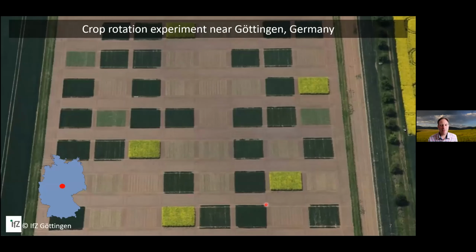So each element of a rotation, oilseed rape and winter wheat and maize and so on, are present in parallel in the same year. And you can then try to look at effects of the preceding crop, and also you can compare crop identity effects at the same site.